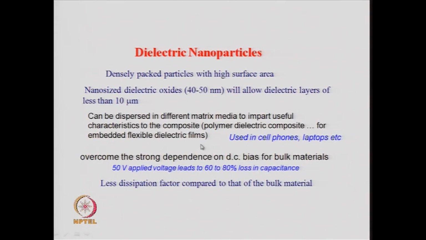And the two other important points are that using nanoparticles you can overcome the strong dependence on the bias voltage and you can also lower the energy loss or the dissipation factor.